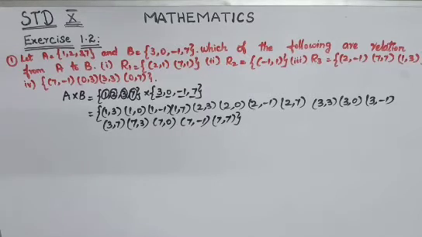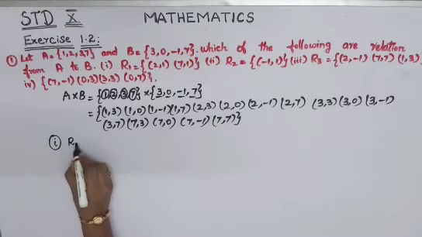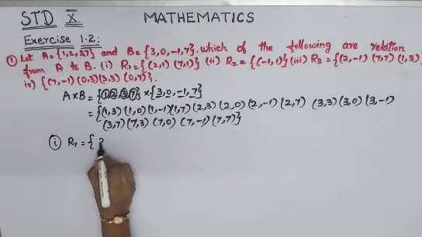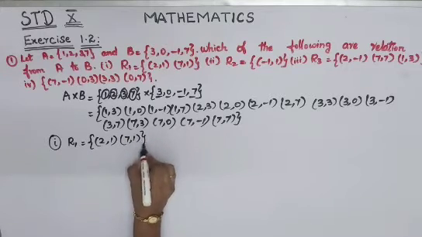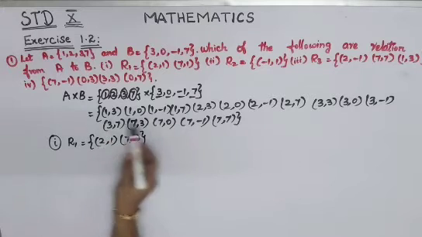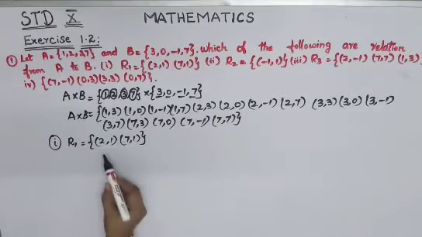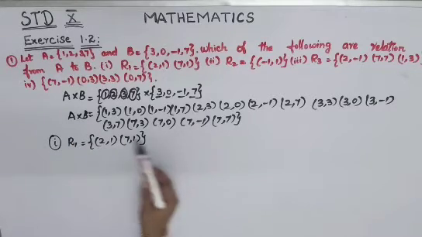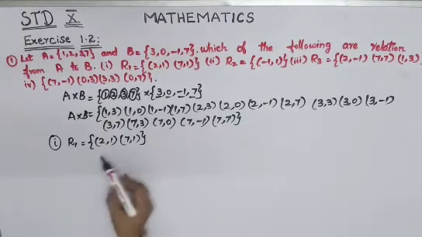Once we have completed A cross B, we will write our first subdivision. It is R1 = {(2, 1), (7, 1)}. Check whether the ordered pairs of R1 are there in your A cross B. Check whether (2, 1) is there in A cross B. Only (2, 1)... I mean (2, -1) is there, so (2, 1) is not there.